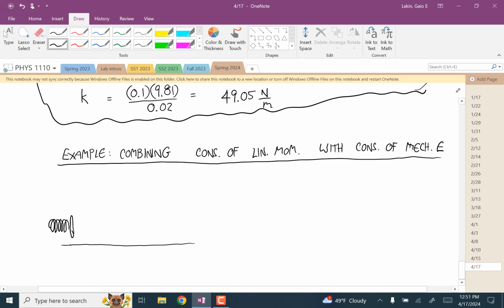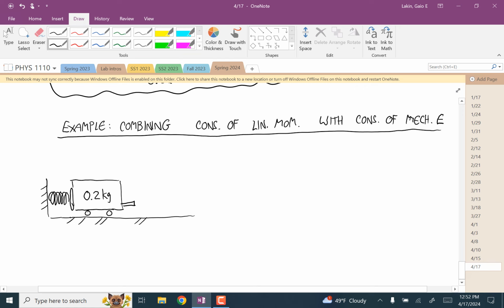This is like the spring of starting a pinball game. You pull back the plunger, and so we have this spring like that, and we have a little cart. And let's say this cart is 0.2 kilograms. And then over here, we have another cart of 0.1 kilograms.